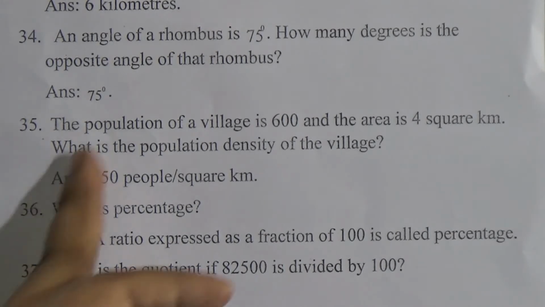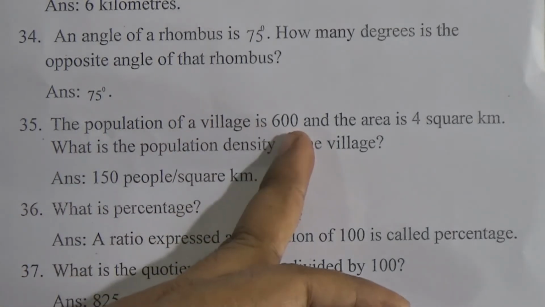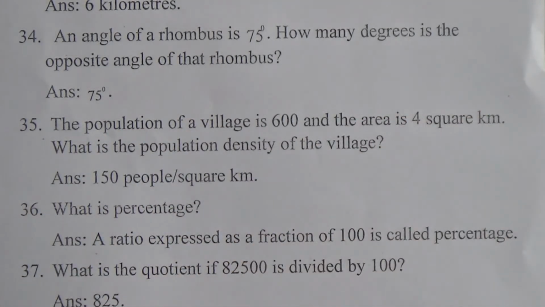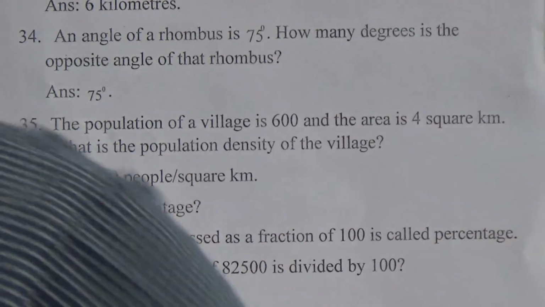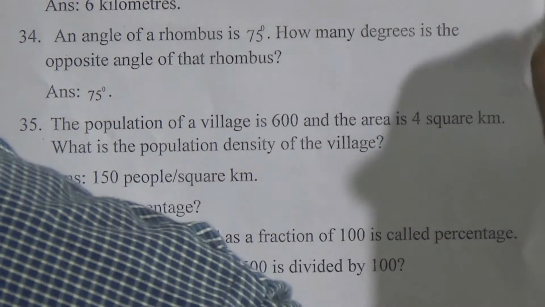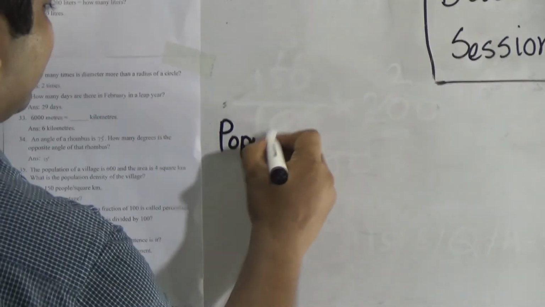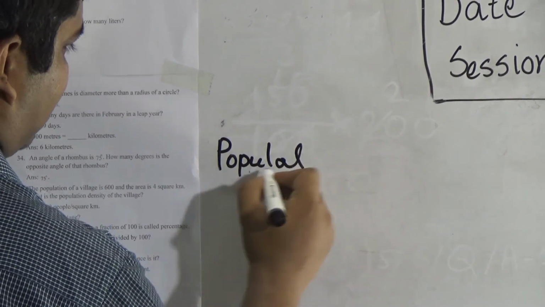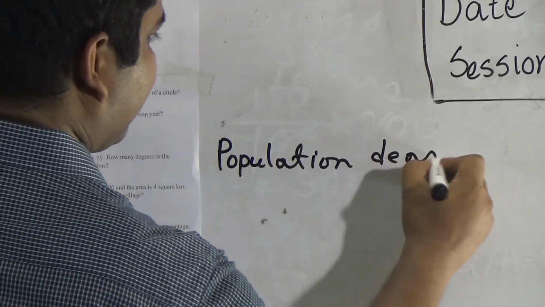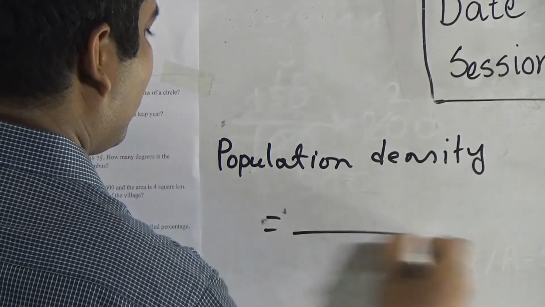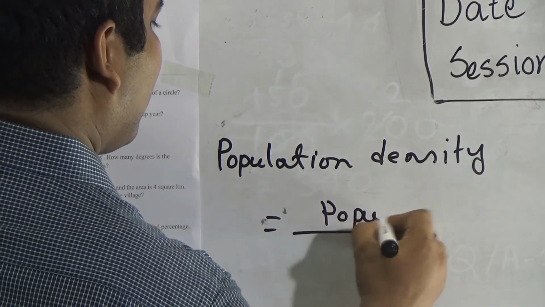35 number question. Population of a village is 600 and the area is 4 square kilometer. What is the population density of the village? Now please memorize this. Population density equal to population divided by area.